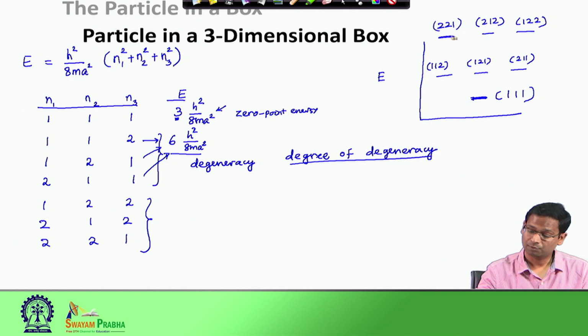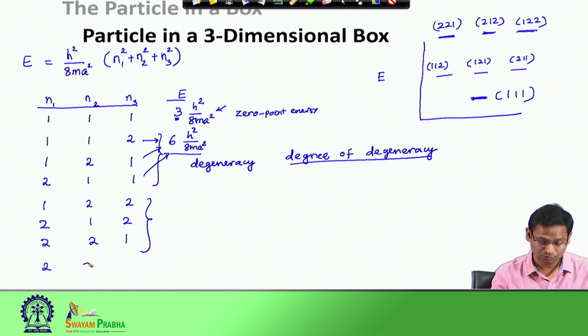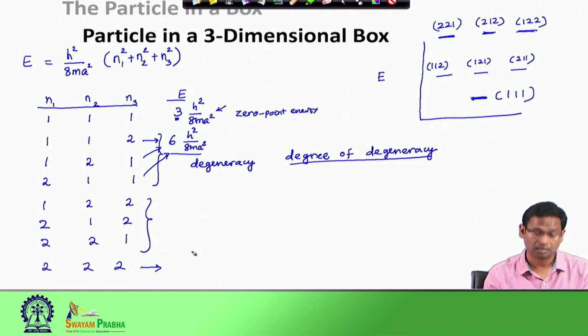Again, why are they 3-fold degenerate? Because there exist 3 different eigenfunctions that have the same eigenvalues. The next eigenvalue would be 2 2 2, and you can always find this will be 2 square plus 2 square plus 2 square, so 12 h square by 8 m a square, and this will again be a 1-fold non-degenerate solution.